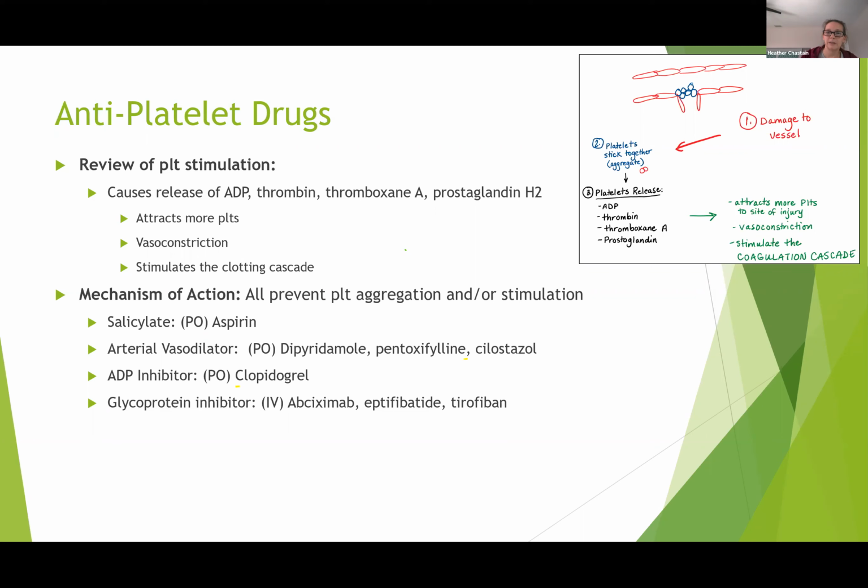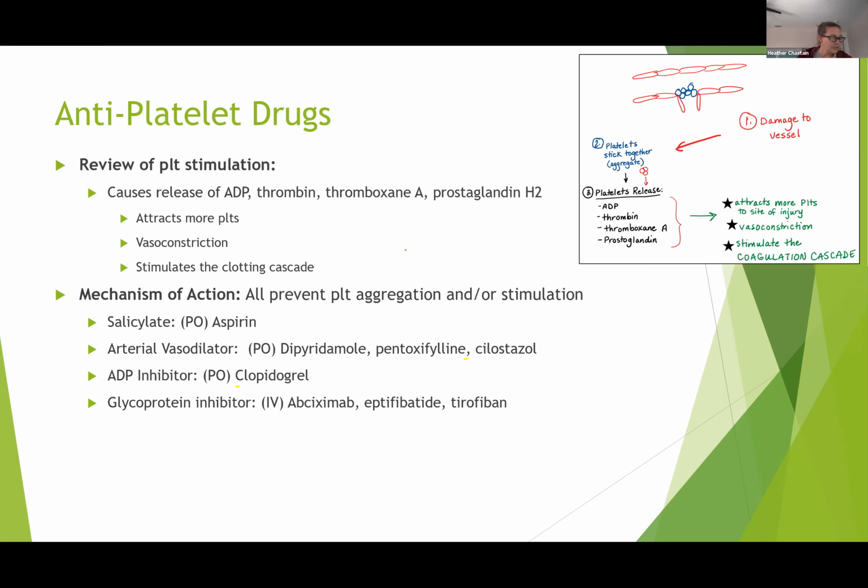Then these platelets release chemicals. These chemicals are going to cause more platelets to come to the site of injury. It's going to cause vasoconstriction, and it's going to cause stimulation of the coagulation cascade.